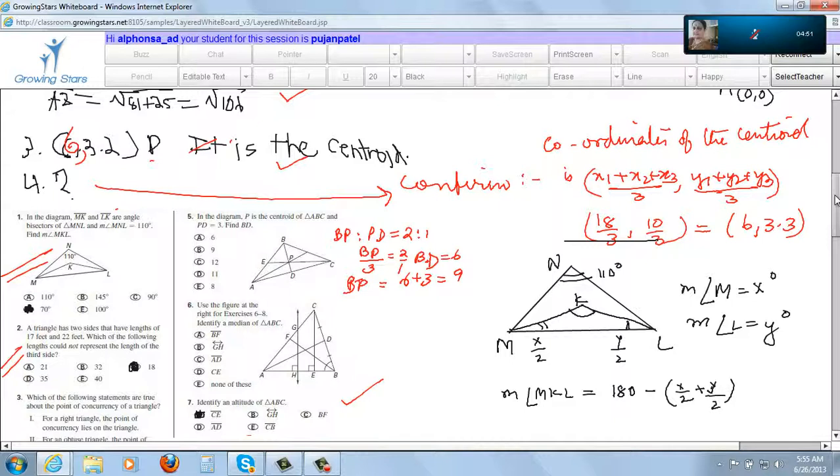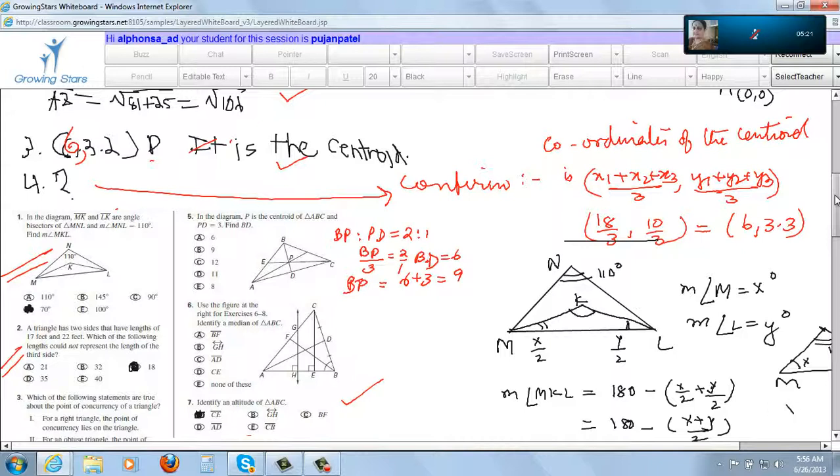So we can make this 180 minus x plus y over 2. x over 2 plus y over 2 is the same as x plus y over 2. Now, if you look at the full triangle NML, we have 110 over here, we have x over here, we have y over here.